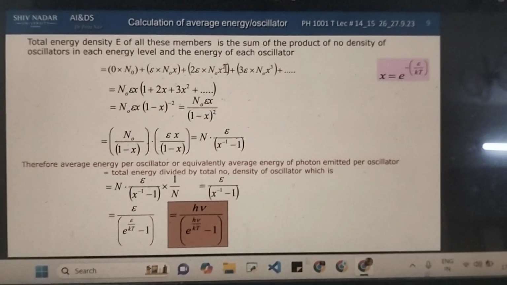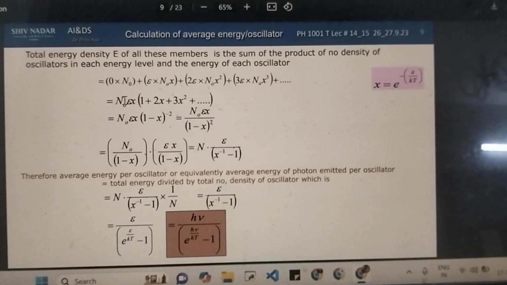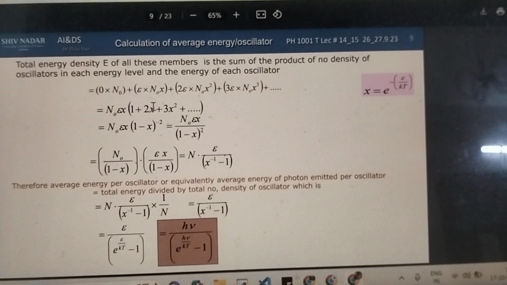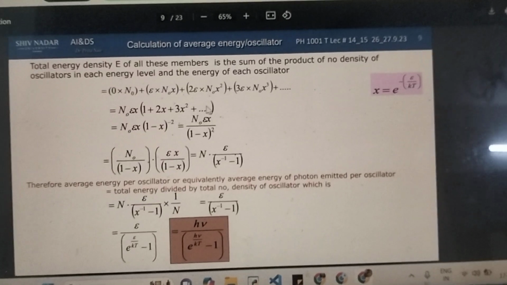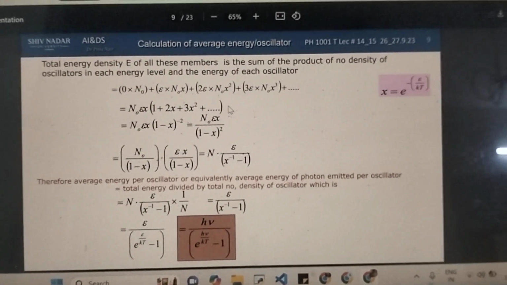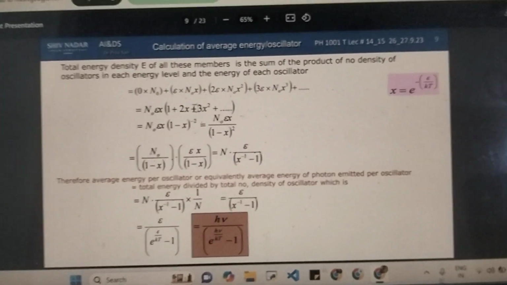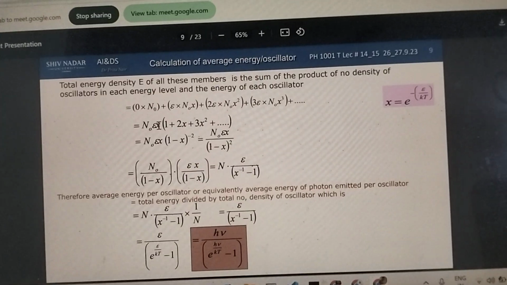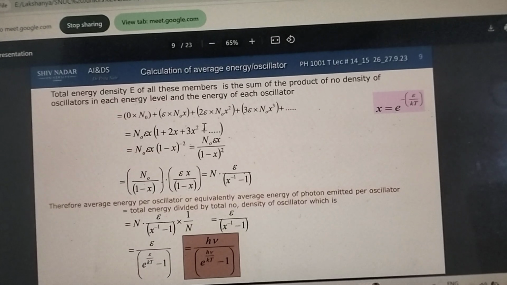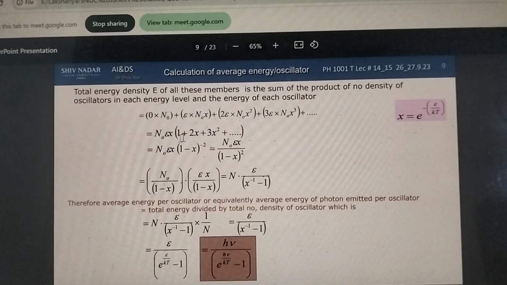Again, from here, if you notice carefully, n naught epsilon x are common terms. If you take that out, you get an expression of the form 1 plus 2x plus 3x square plus so on. This will again be an infinite series because, as I said, the number of energy states is infinite. And again, from mathematical proofs, it has been shown that the expansion for this series is 1 by (1 minus x) the whole square.